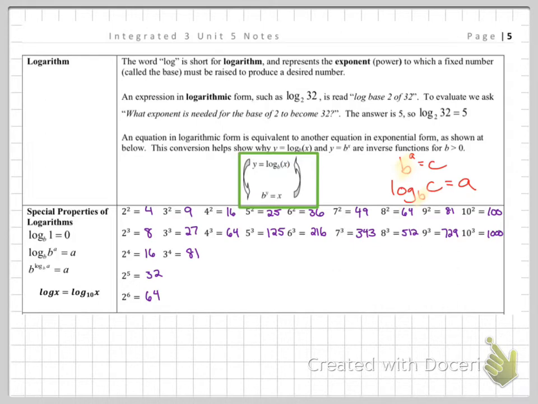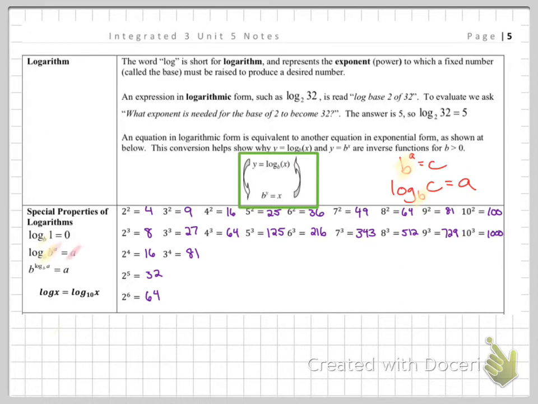On the left side, there are some special properties of logarithms. It doesn't matter what the base is. If you're taking the log of 1, it will always equal 0. If the base of your logarithm matches the base of an exponent and you're taking the log of it, the answer is literally just the exponent.